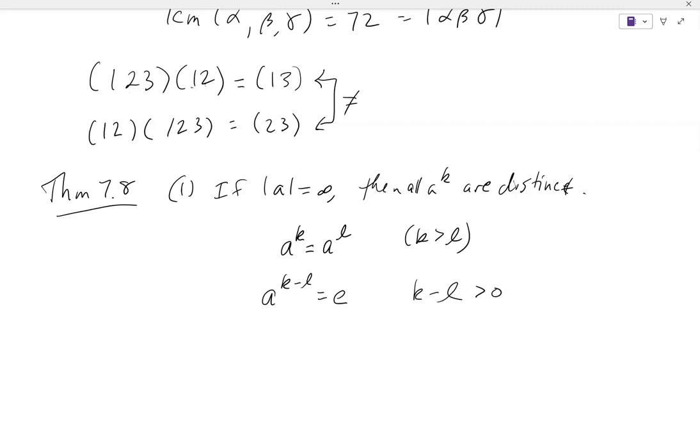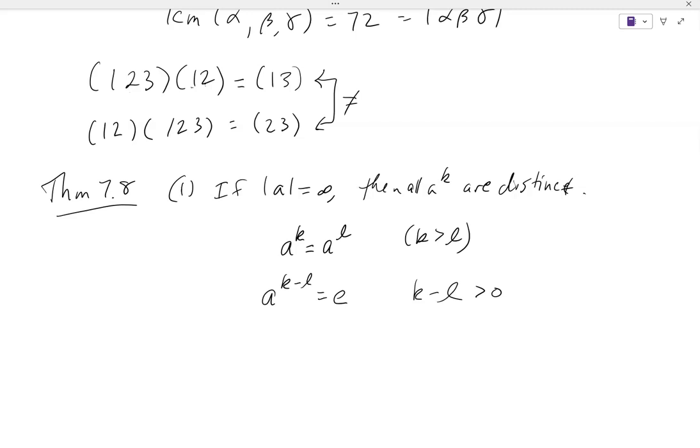What does that say about the order of A? Can it be infinite? No. Remember that the order of an element is the smallest positive number that gets me back to the identity. If there exists a positive number that gets me back to the identity, there has to be a smallest one. That's a well-ordering principle idea, right?